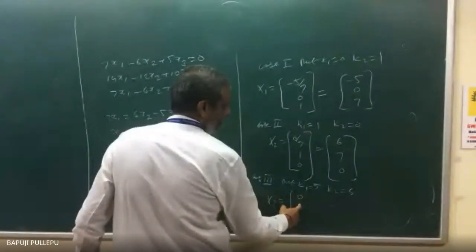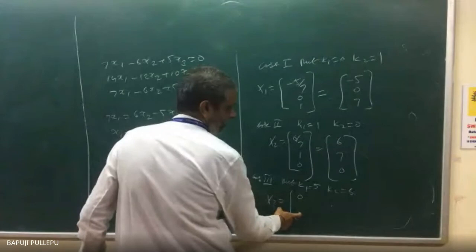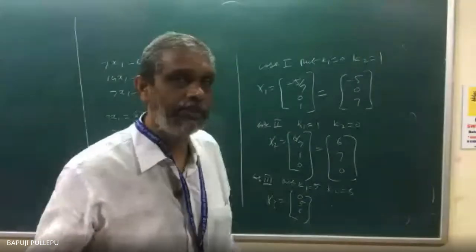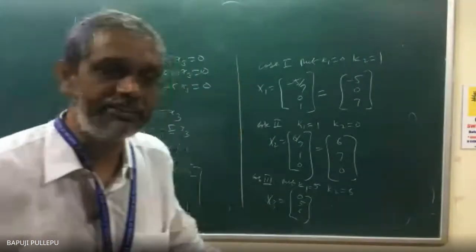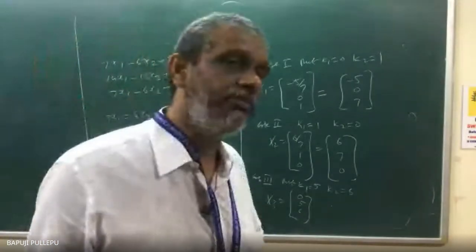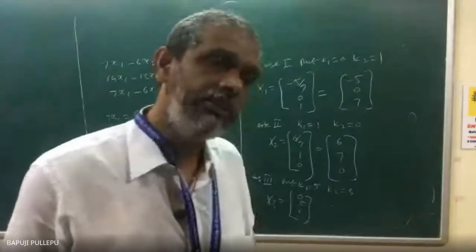Some boy will get 5 by 7, 6 by 7, but here I am getting 5 and 6. After 5 by 7, 6 by 7, what will I do? Throw out, multiply by 7. Finally I will reach this place. Nothing will happen. So case 3 is for the eigenvalues being the same.